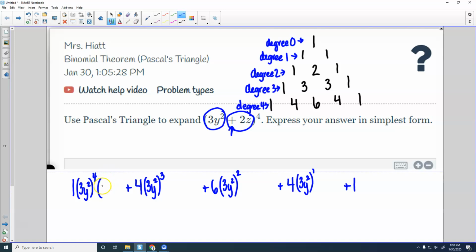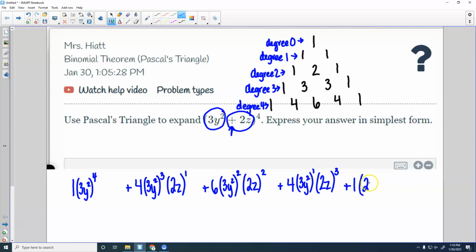So you'll have, actually, for the first term, you will not have a 2z at all. You'll have 0 2z's right here. The 2nd term, you'll have 2z to the 1st power. The next term, you'll have 2z to the 2nd power. Then you'll have 2z to the 3rd power. And the last one, you'll have 2z to the 4th power.